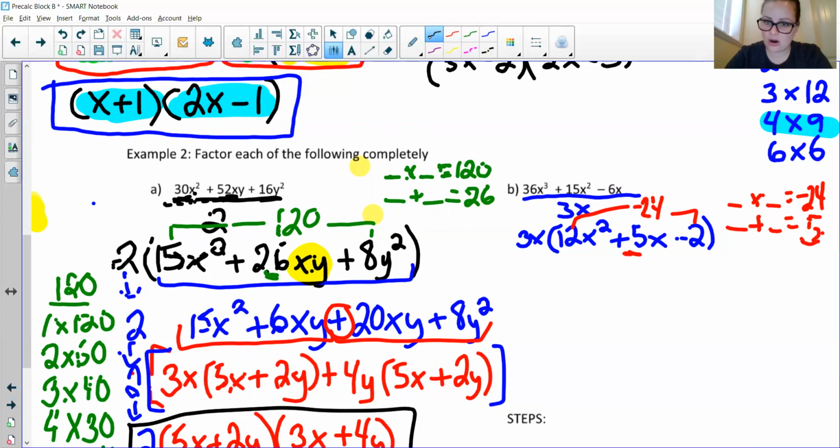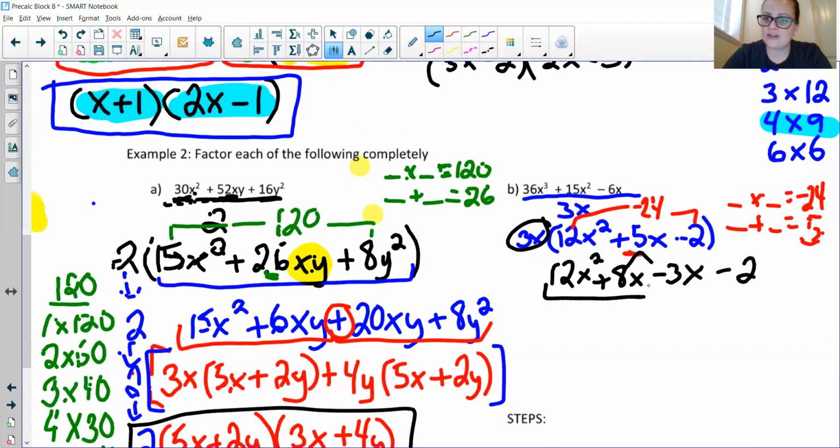So the numbers are 8 and negative 3. So we're going to rewrite this expression, not forgetting that there's a 3x here, but just kind of leaving it off to the side again. And we're going to rewrite this as positive 8x and negative 3x minus 2.